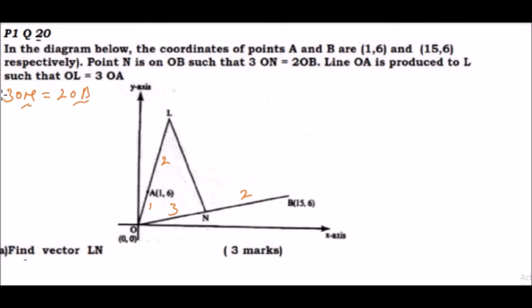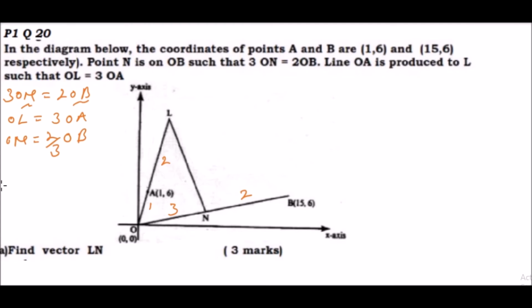These are vectors. So we can say, and we also know that OL is equal to 3OA. This means that we can have ON equal to, dividing both sides by 3, 2 over 3 OB. And we have OL here, so we don't need to write that.